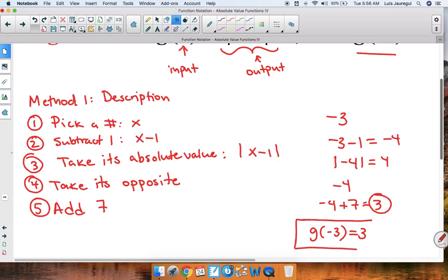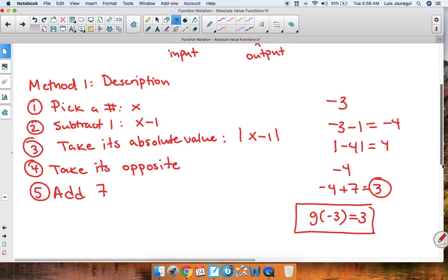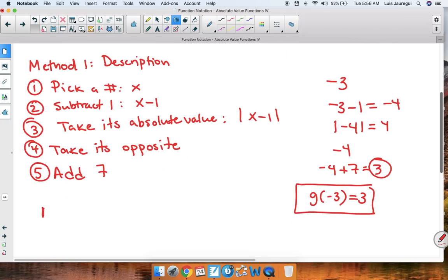Now let's double check our work by using method 2, also known as the substitution method. So method 2 requires us to substitute in the value of -3 for any x we see into the original function. So let's copy down the original function. The original function is f of x, or in this case g of x, I should say.